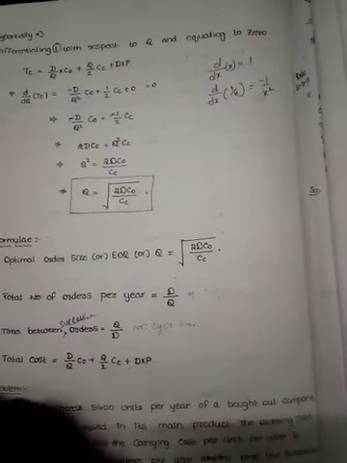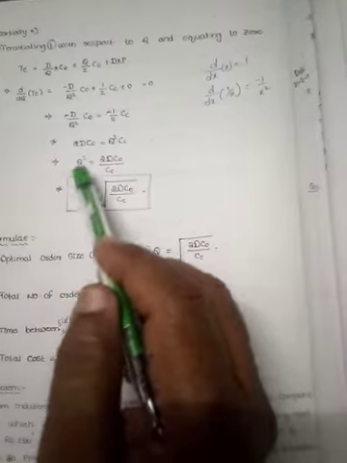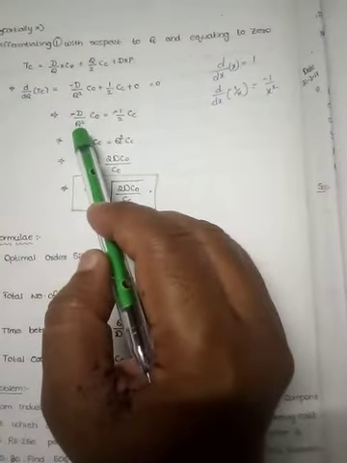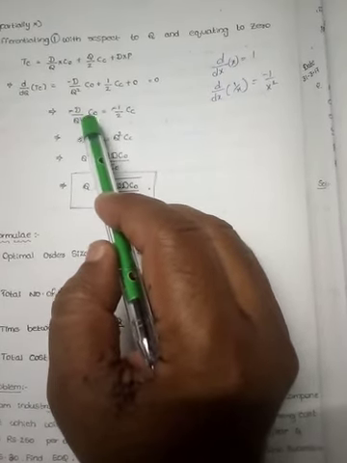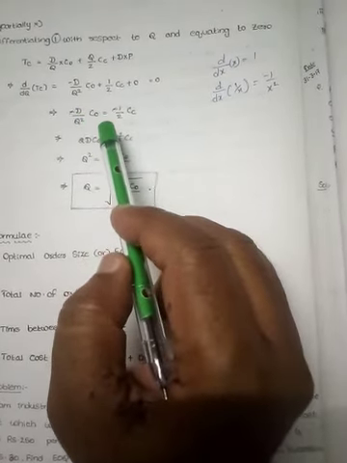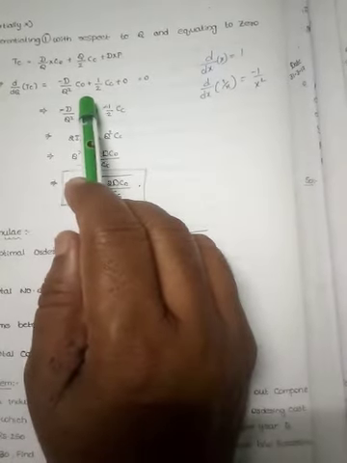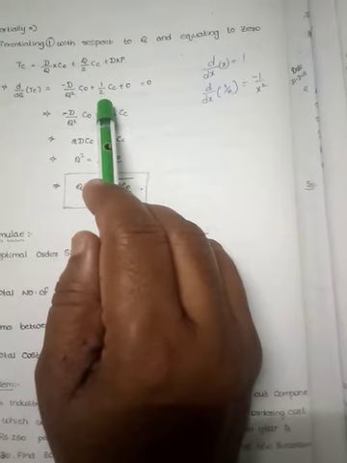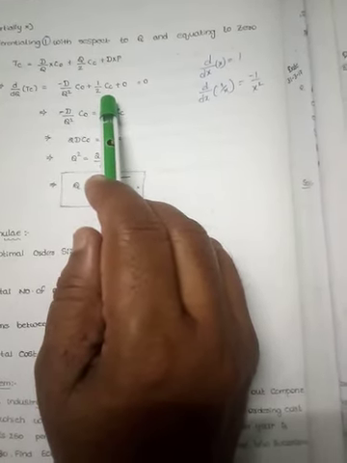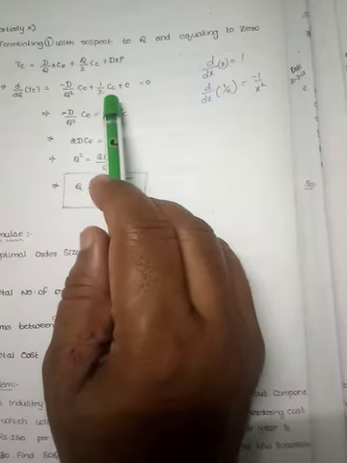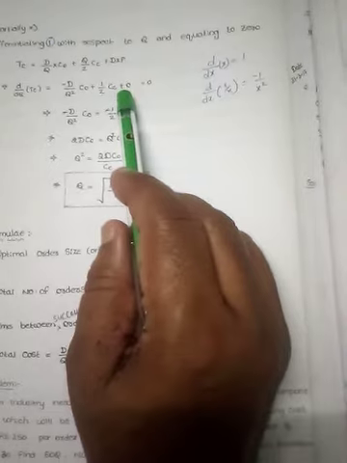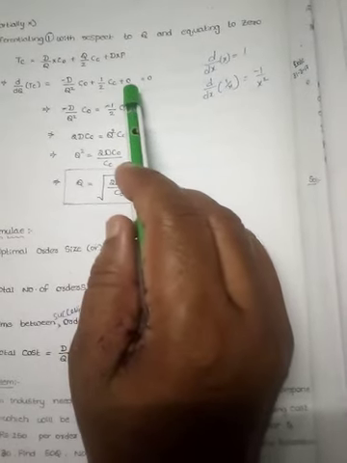See here, by differentiating D by Q into C naught, we get minus D by Q square into C naught, plus by differentiating Q by 2 into Cc, we get 1 by 2 Cc, plus by differentiating D into P, we get 0.